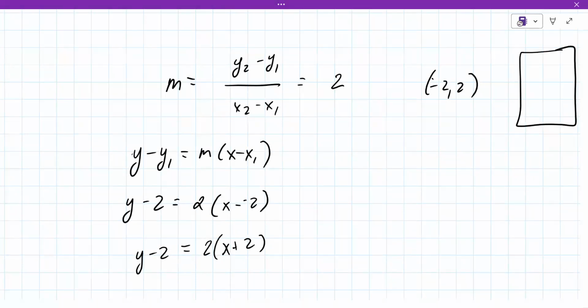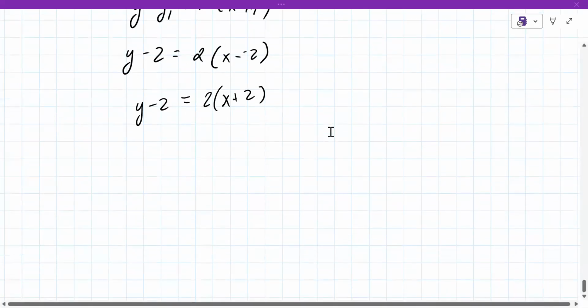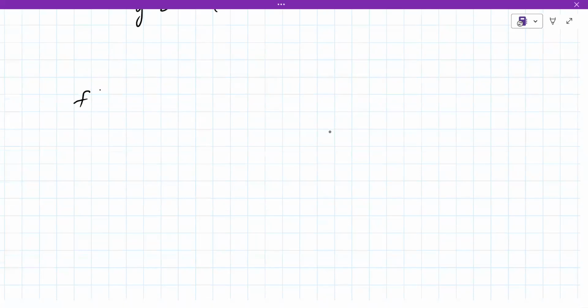All right, let's try another one here. So here, let me give you the points. Let's go f of 5 equals 5 and f of 4 equals -5. So I want you to write those as ordered pairs and then calculate the slope between them.